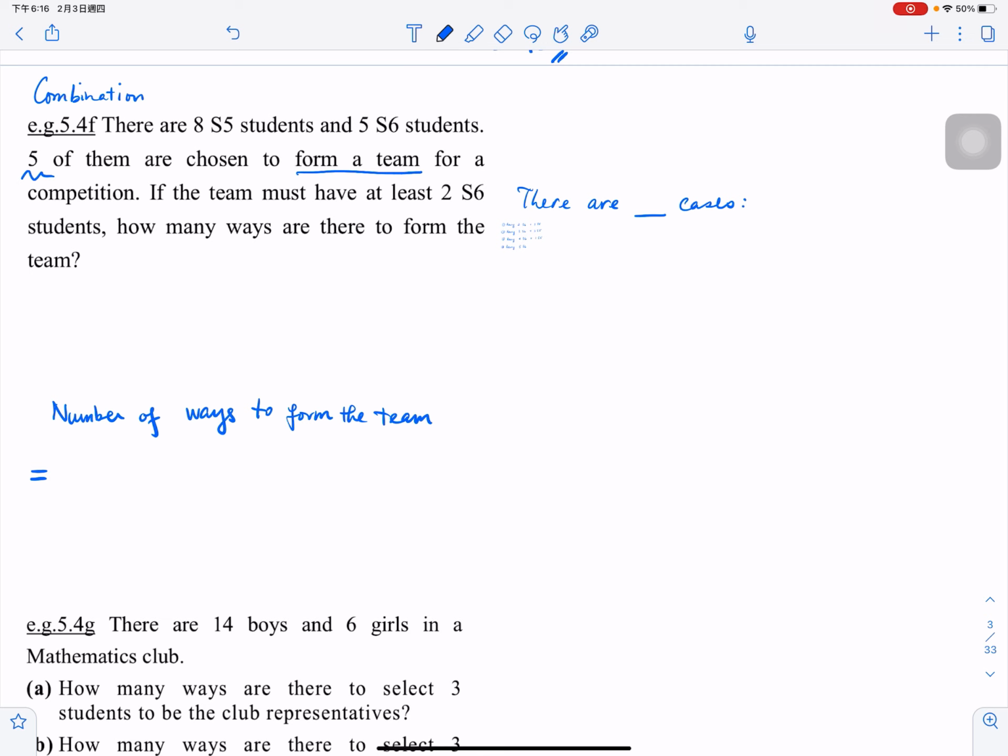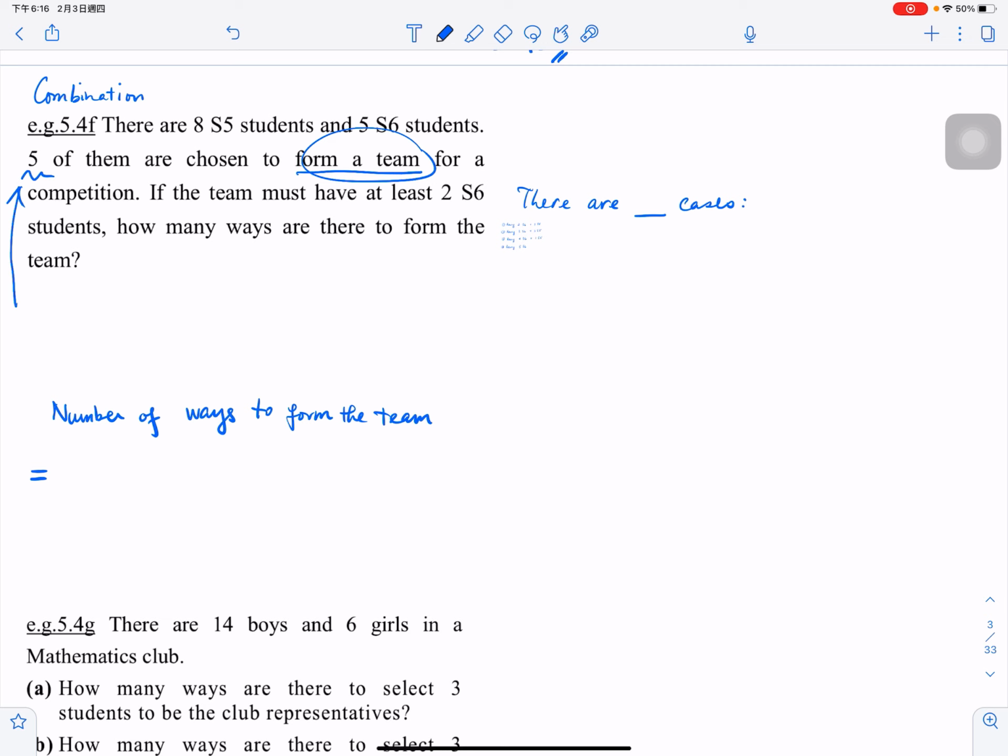And if a team must have at least 2 S6 students, how many ways are there to form the team? You found that this one is 5 of them to form a team.